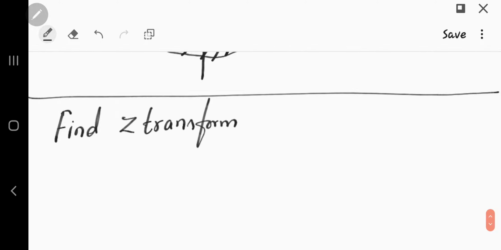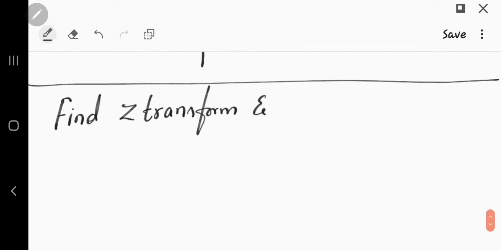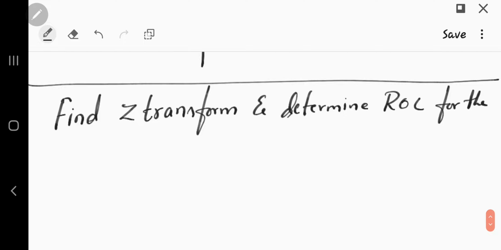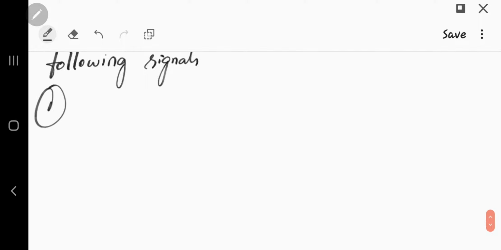The problem is like this: find the Z transform and determine the ROC for the following signals. So the first one is x of n is equal to 1 plus n into u of n.